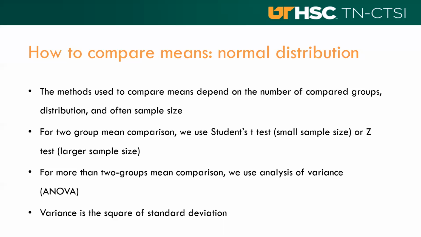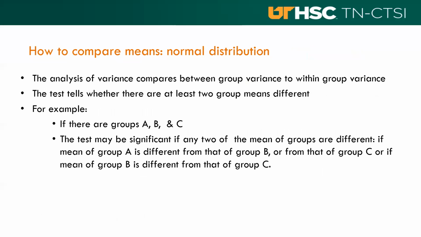So based on that information, we can compare means between more than two groups. There is degrees of freedom, which is based on the total number of observations and also the number of groups. And that's very important when we calculate the F statistics in comparing groups.